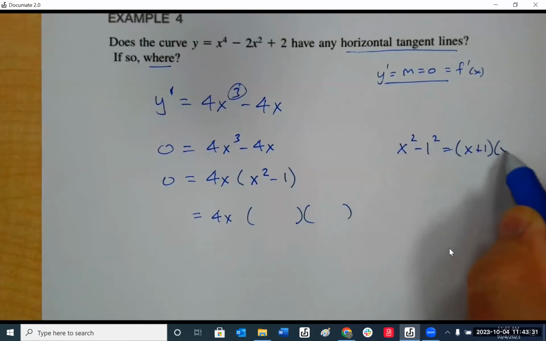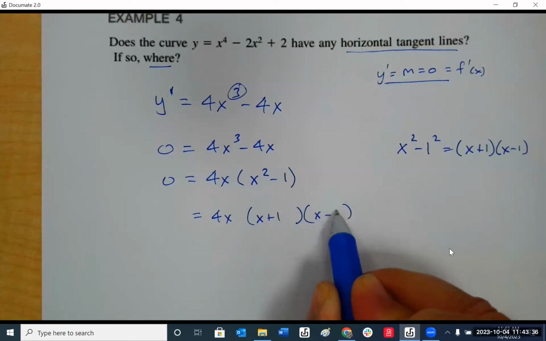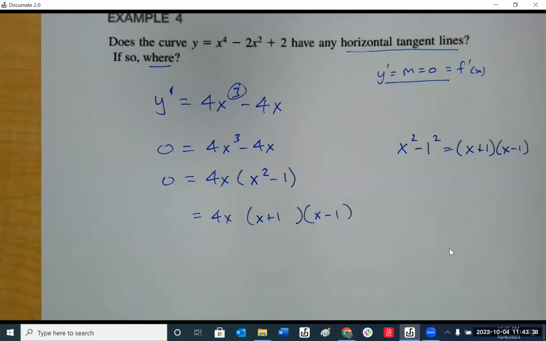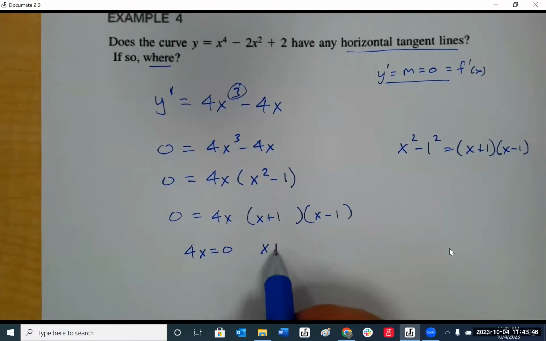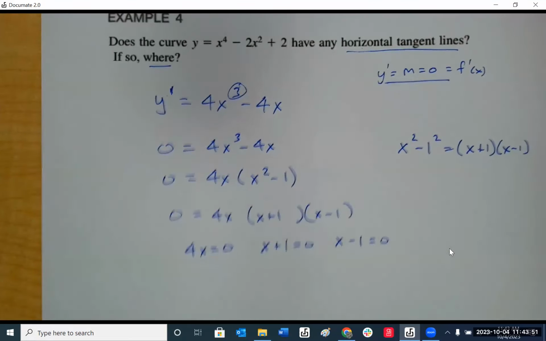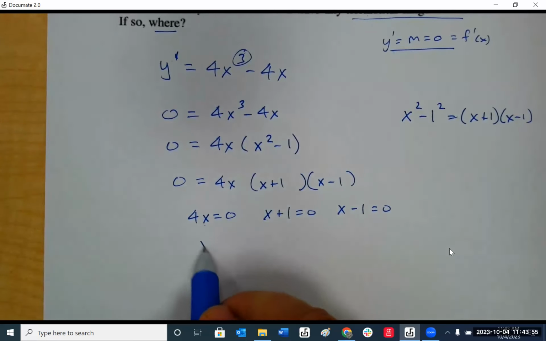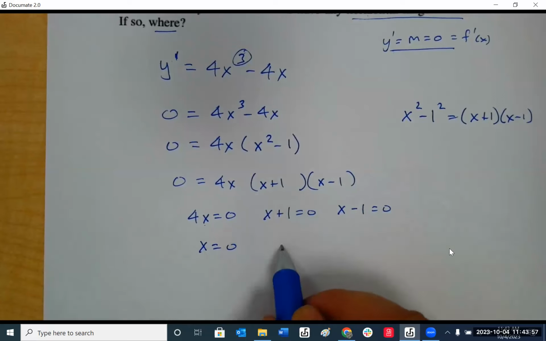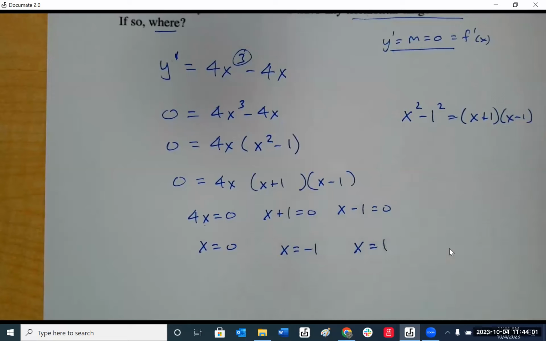X plus 1, x minus 1. So our tangent lines being 0 occur when any of these equals 0. At x equals 0, x equals -1, and x equals +1.